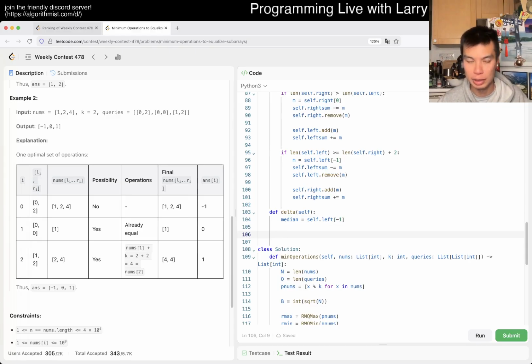and then it is the sum on the left side, right? So then left minus median times the other way around, because median times length of self.left. Yeah, whatever.